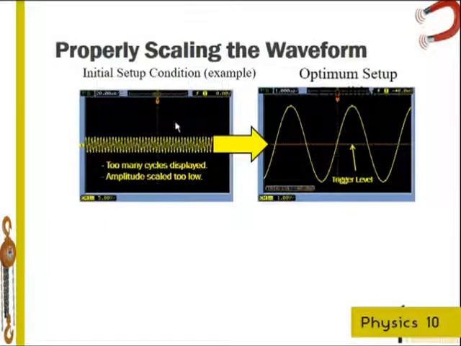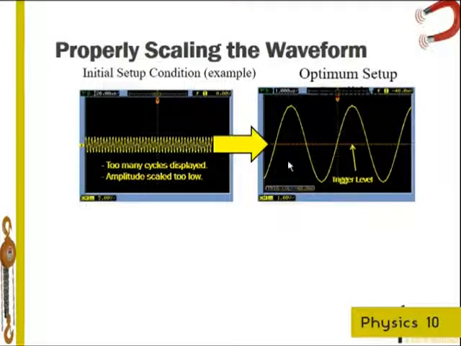So, again, just summarizing the setup for your oscilloscope: sometimes when you turn the oscilloscope on and you have a signal coming to it, an electrical signal, the electrical signal is converted into light. You may get too many cycles displayed, and so the amplitude scale is too low.